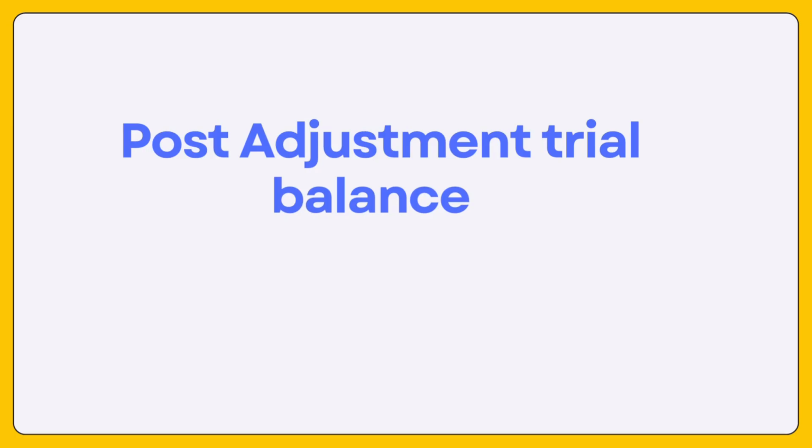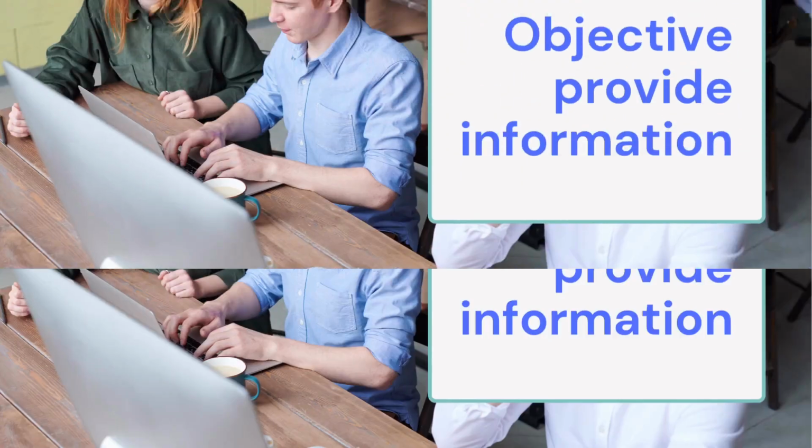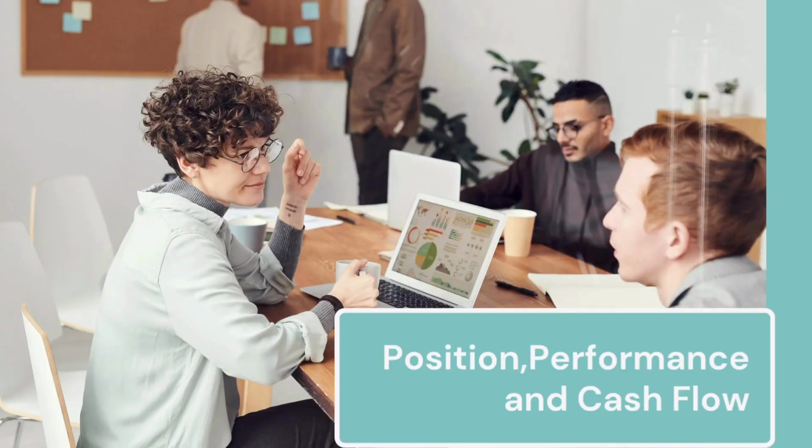After processing the adjusting entries, the next step is to prepare financial statements. The objective of financial statements is to provide information about an entity's position, performance, and cash flows to a wide range of users in making economic decisions.